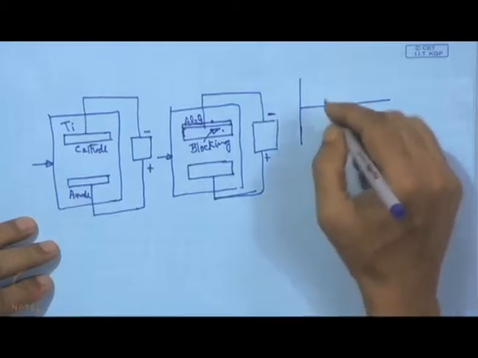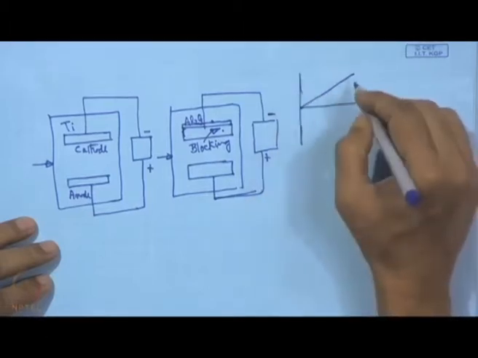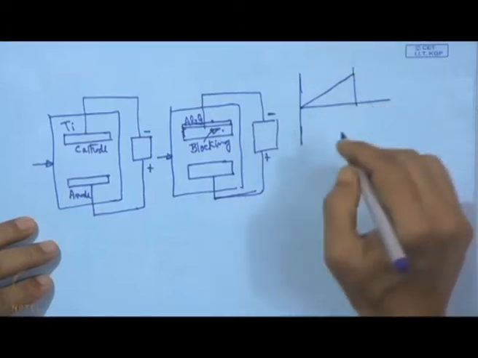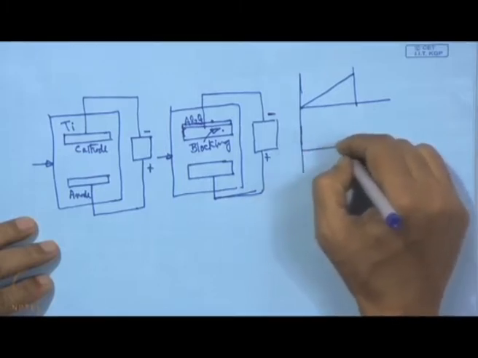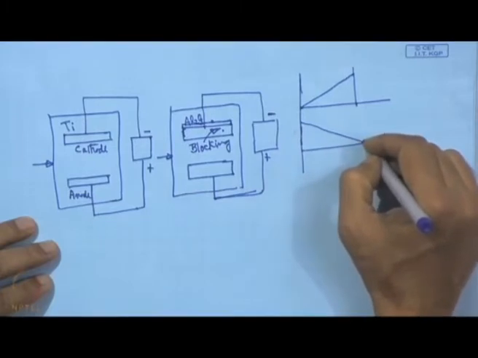is that there will be a gradual increase in voltage, but at the same time there will be a fall of this charging current.